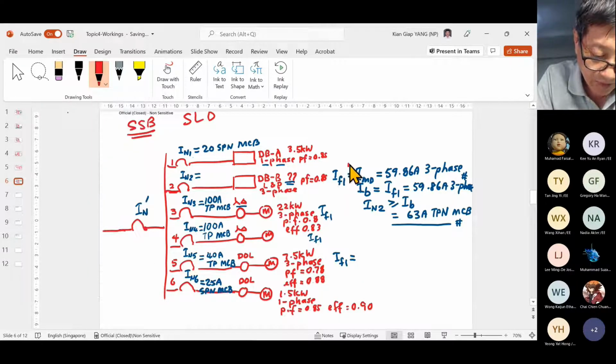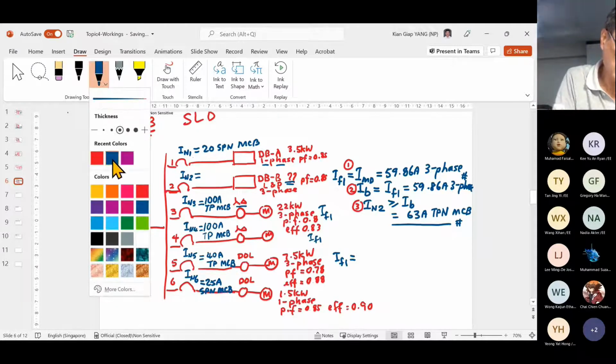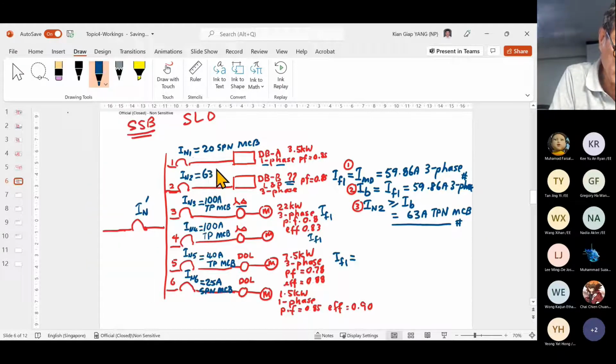So this is step number 1, step number 2, step number 3. Okay? Yep. So now, yay, we completed all our outgoing circuit calculation. I hope every one of you knows how to do this, because I can guarantee you in an exam or a test, you are asked to calculate this many times over and over again.